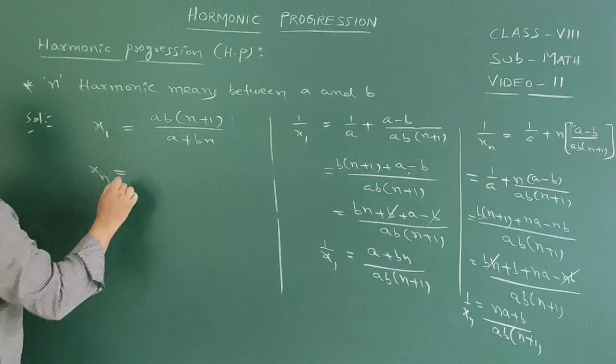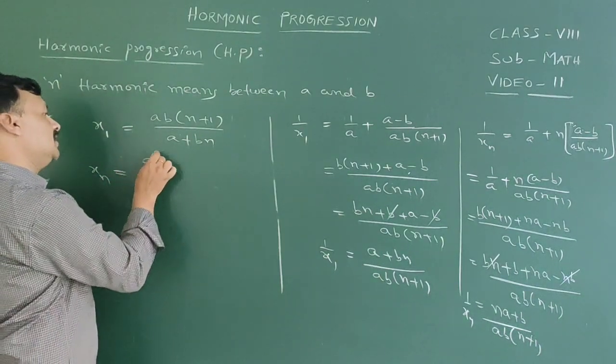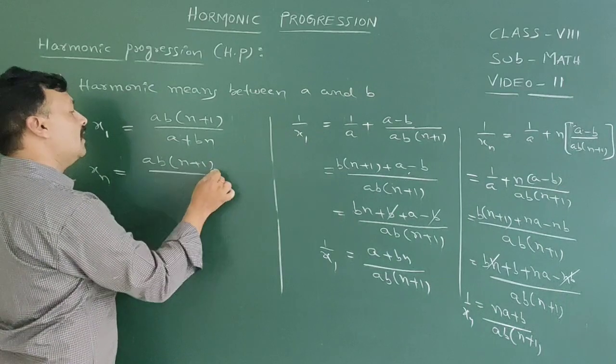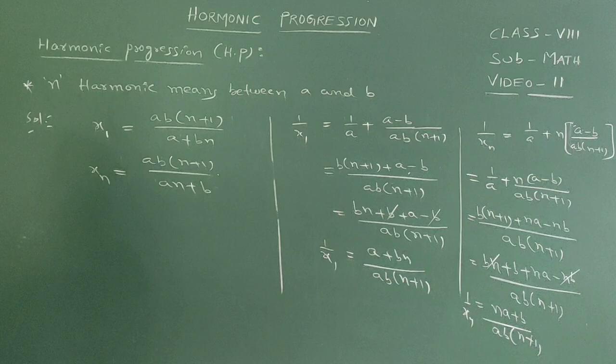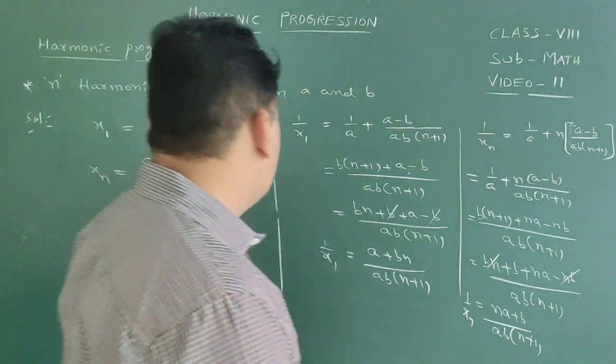Now xn, 1 by xn is AB into n plus 1 by an plus b, that is a plus bn. This is an plus b. These are the required harmonic means.